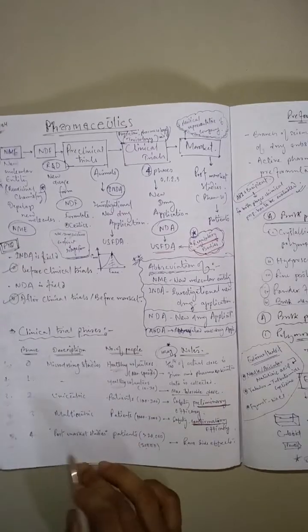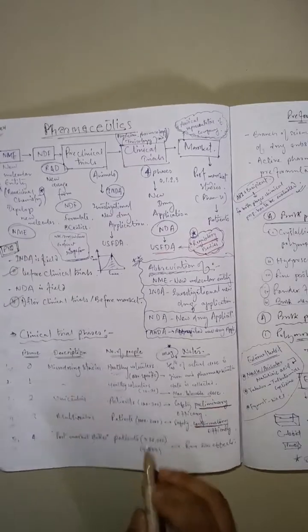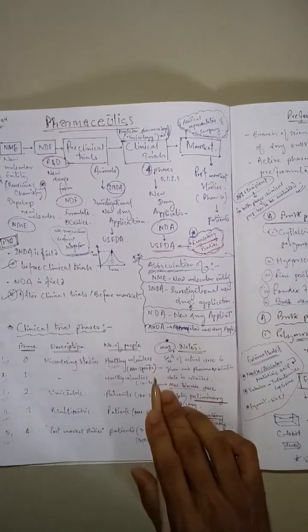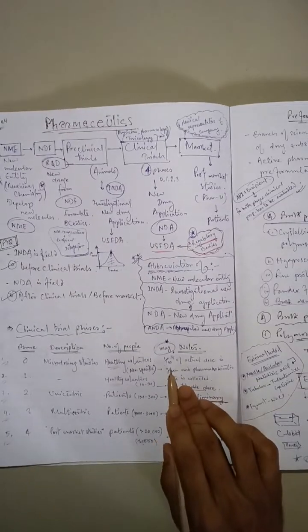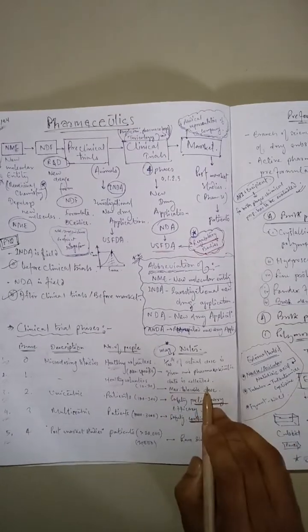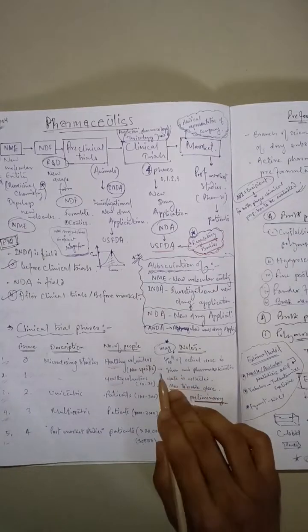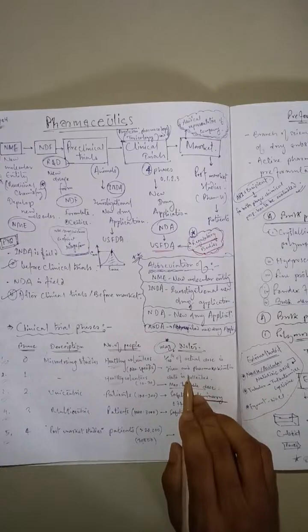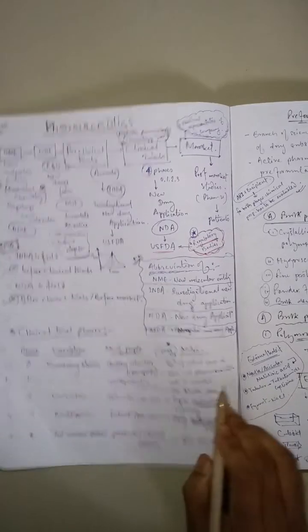In microdosing studies, 1/100th of the actual dose is given and pharmacokinetic data is collected.